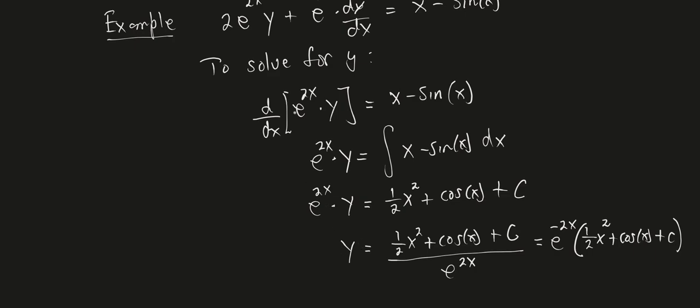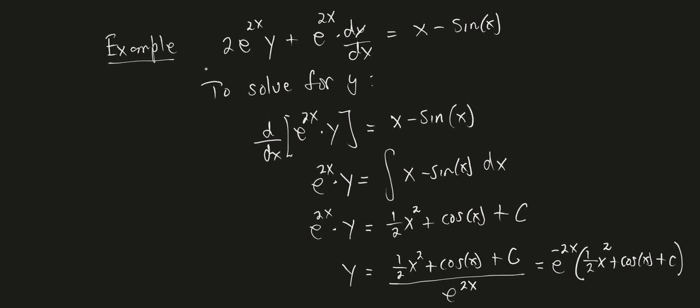So not only did we solve this differential equation, but we were able to get it in the explicit form where quite easily we have y isolated as a function of x. Now it's a general solution because I didn't give you an initial condition, so we still have our plus c, but this is our solution to this differential equation.